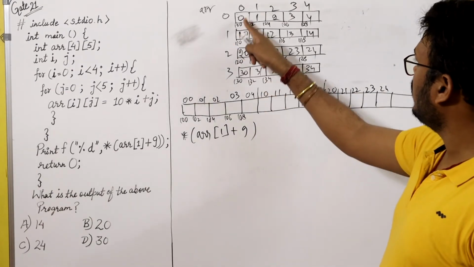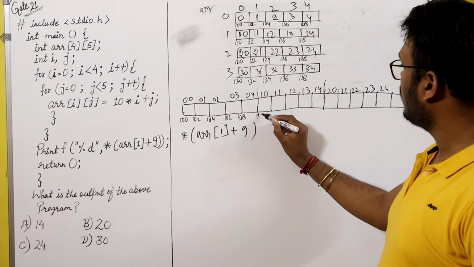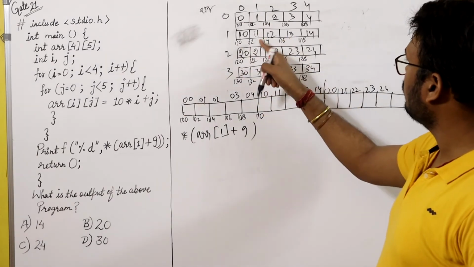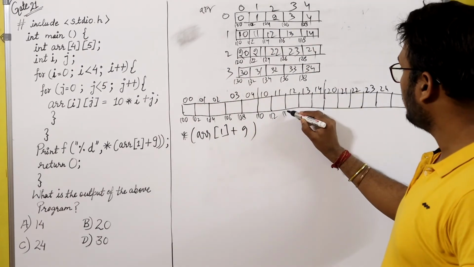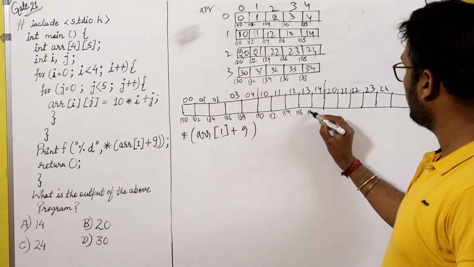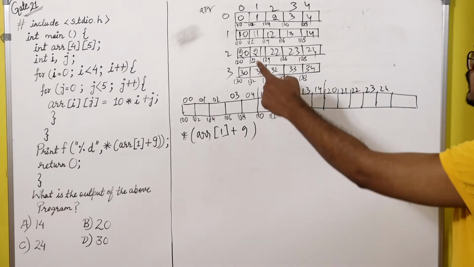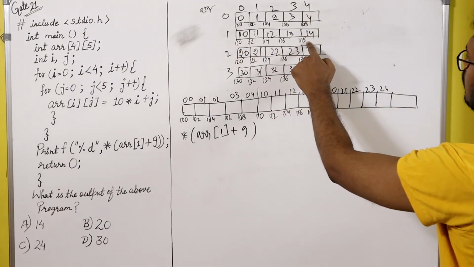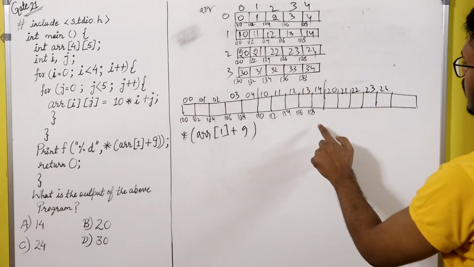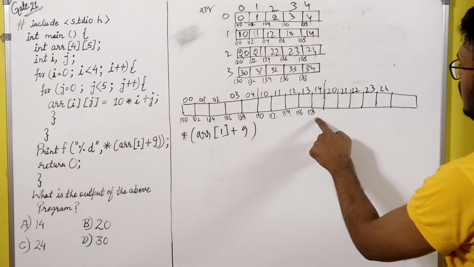What is the address of A of 1 0? 110. What is the address of A of 1 1? 112. Then 114, 116, 118. Just check this. Array of 1 of 4 is 118, and here you see 1 of 4 is 118.